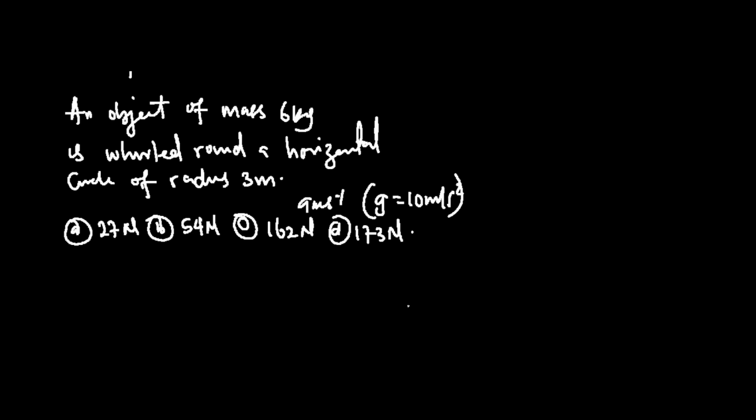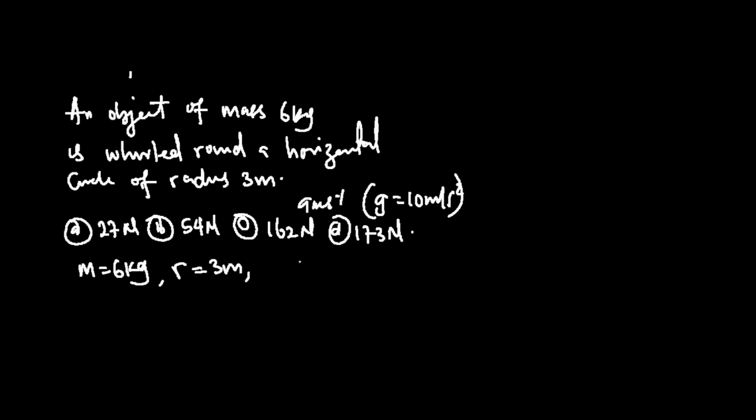So let's look at it together so that we can be on the same page. Because it says an object of mass 6 kilogram, the mass of the object is 6 kilogram. It is moved in a horizontal circle of radius 3 meter, so the radius is 3 meter, by a revolving string inclined to the vertical.